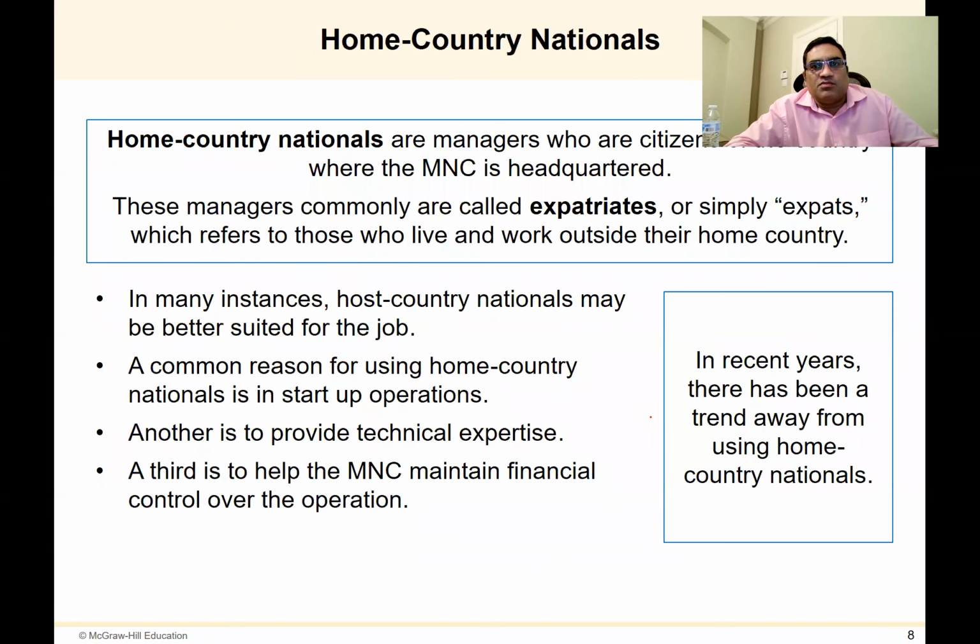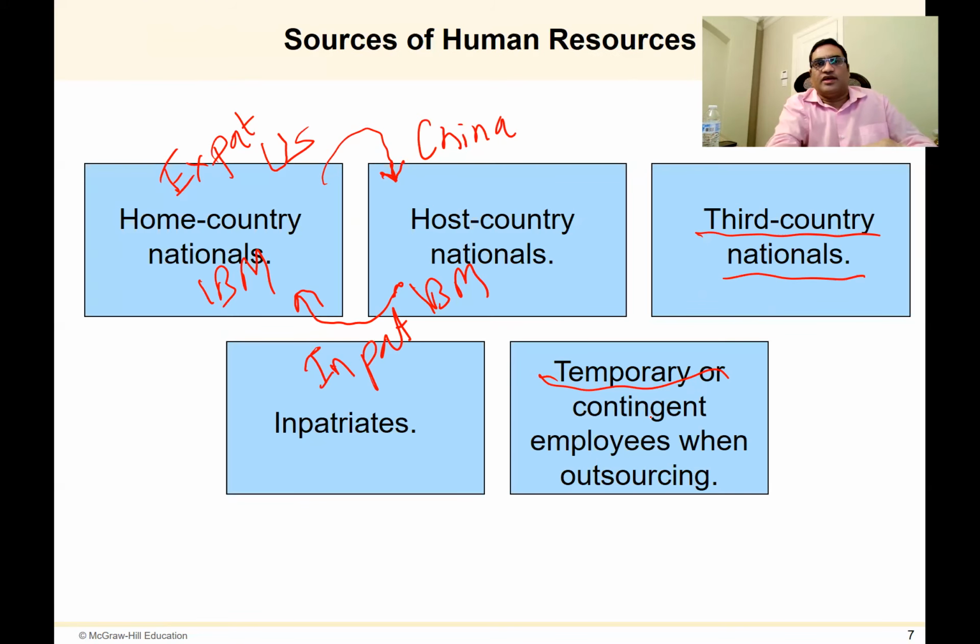Home country expats, as I mentioned, can be a little bit expensive, and that's why there is a trend going away from that. But each of these individuals plays a role, like expats, inpats, third country nationals.